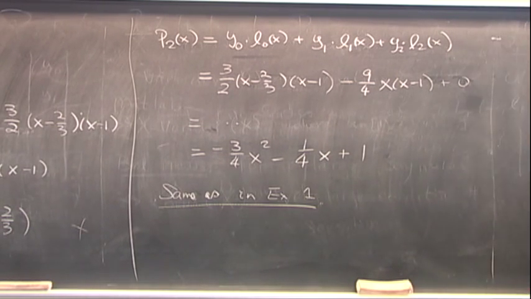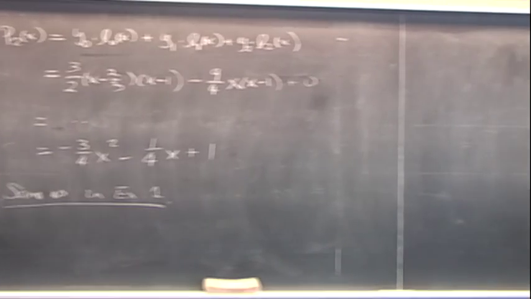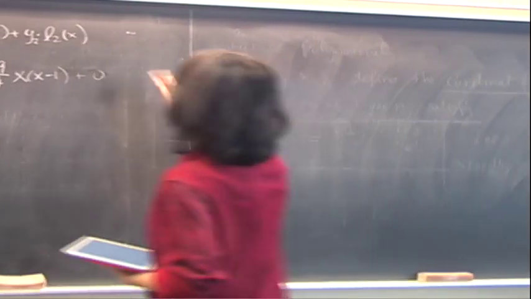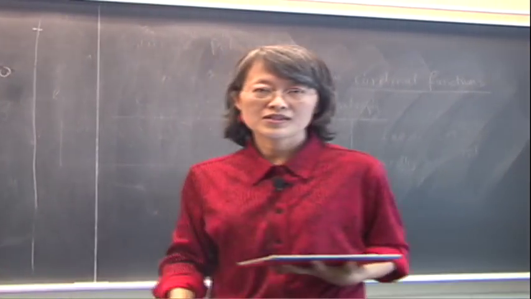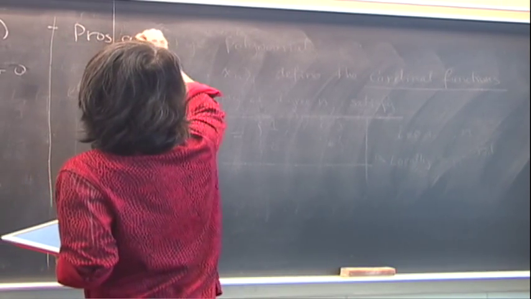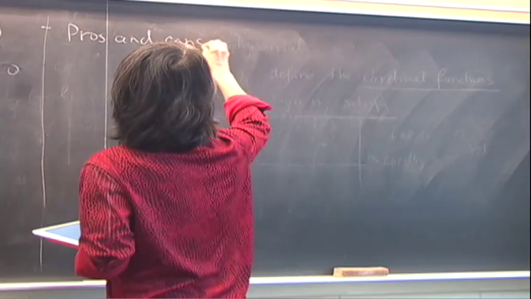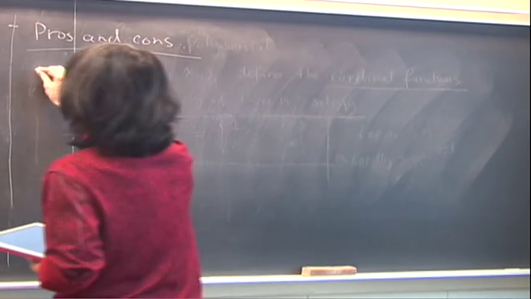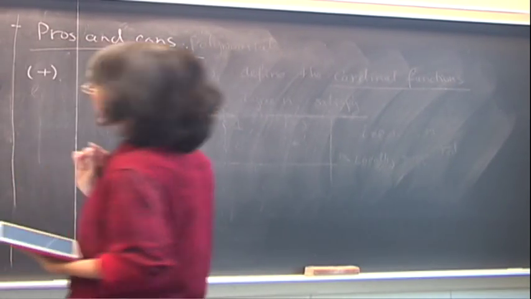All right, so any questions on this Lagrange form? Is it clear how it's been done? Okay, let's be the critic and look at this and try to say something good about it and try to criticize it, okay? Pros and cons. Okay, anything good about this method? What do you feel like?